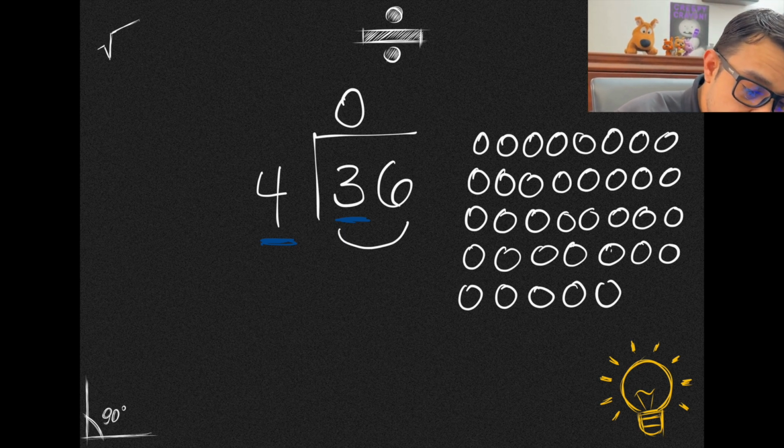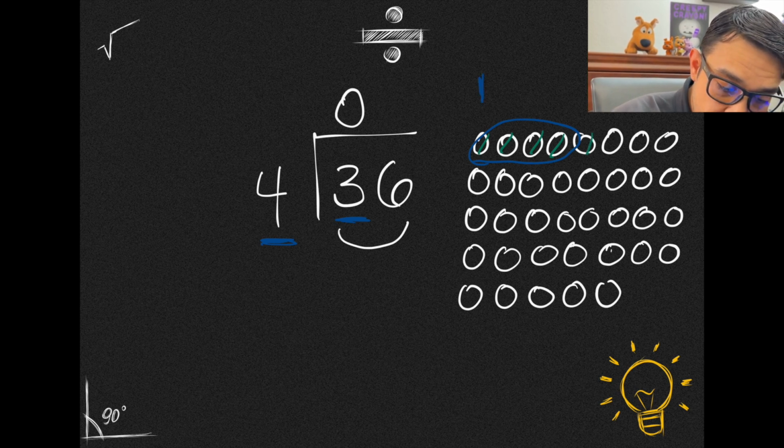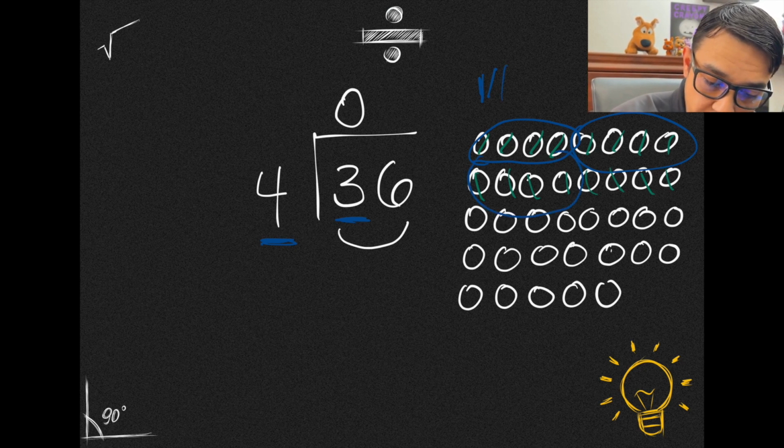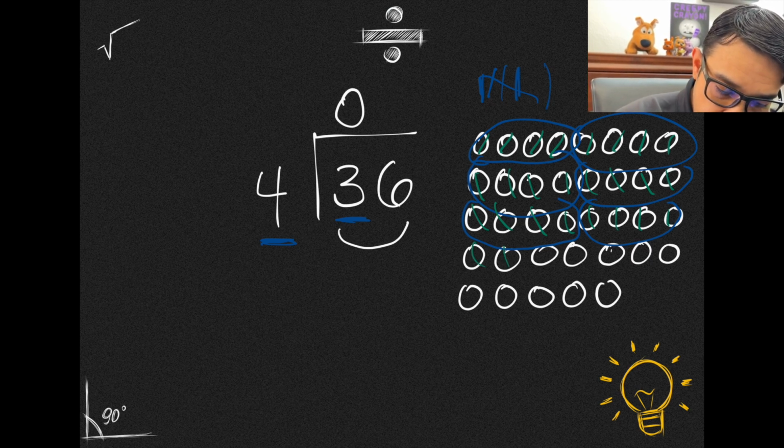So, 1, 2, 3, 4. There's one group. 1, 2, 3, 4. There's two groups. There's three groups. Four groups. 5 groups. 6 groups.